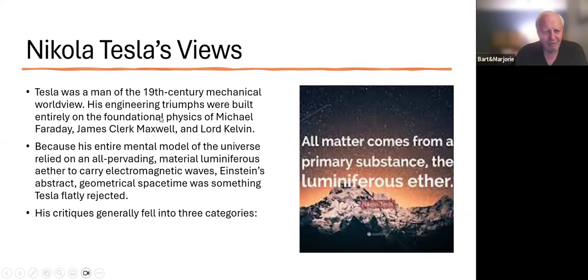His engineering triumphs were built on the foundational physics of Michael Faraday, James Clerk Maxwell, and Lord Kelvin, and because his entire mental model of the universe relied on an all-pervading material, the luminiferous ether, to carry electromagnetic waves, Einstein's abstract geometric spacetime was something that Tesla flatly rejected. His critiques generally fell into two categories.